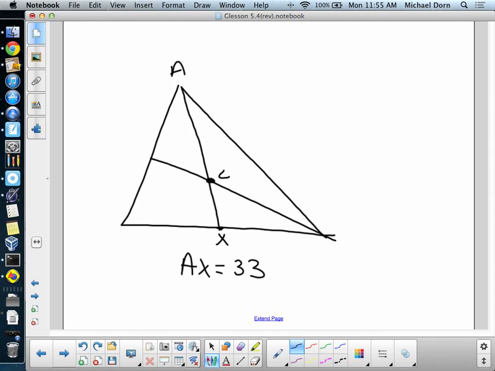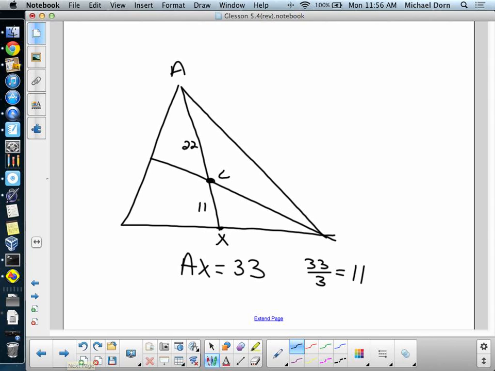I say this: take the total length divided by 3. That's easy. It's 11, right? 33 divided by 3 is 11. So that means this gets 1/3 of that, or 1 part, and this gets 2 parts. 22 and 11. 2-to-1. 1 part to the short part, 2 parts to the longer part, divided by 3.